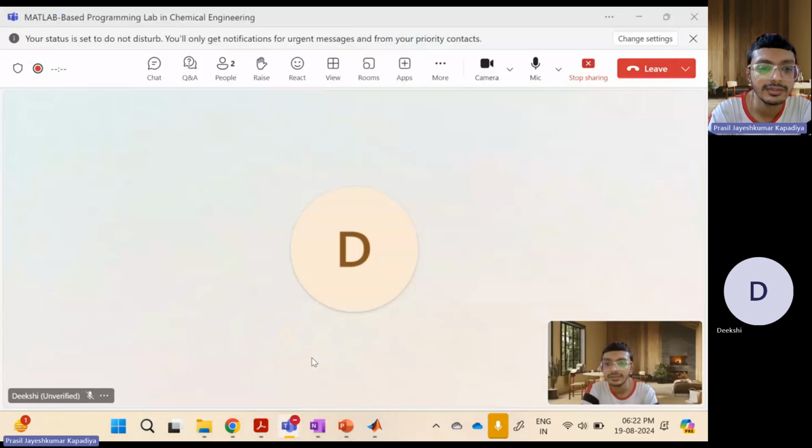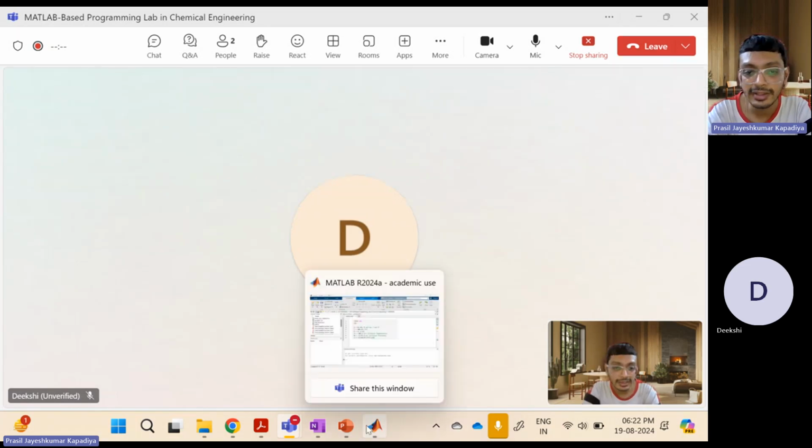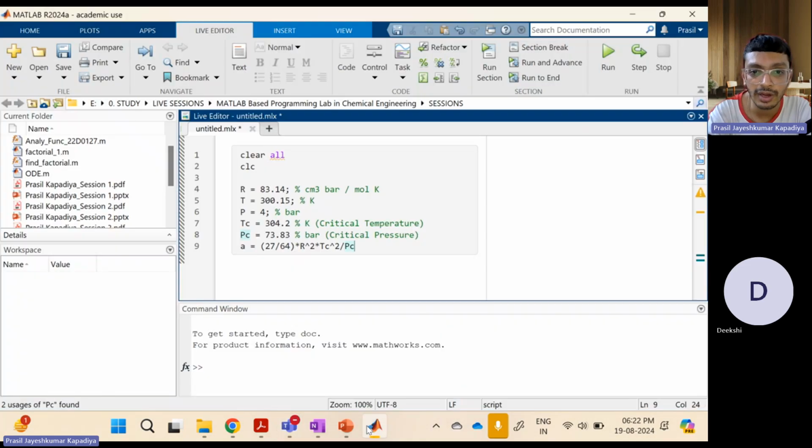Can anyone tell me what the semicolon does? What if I don't put the semicolon? If we don't put a semicolon at the end of the line, it will print that value on the screen that we may not require.